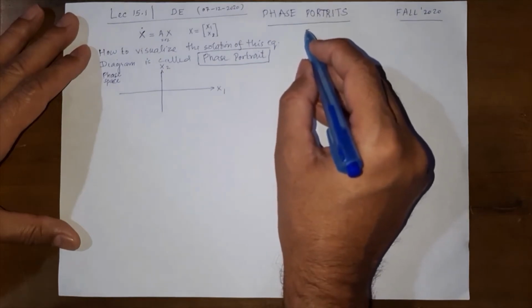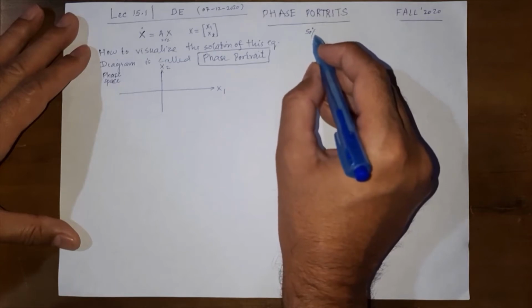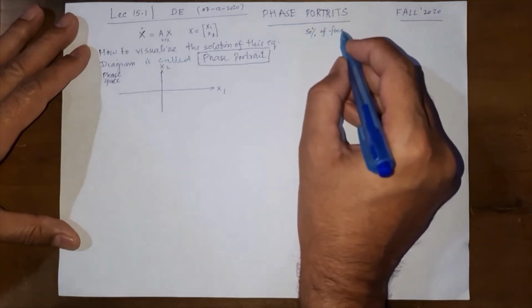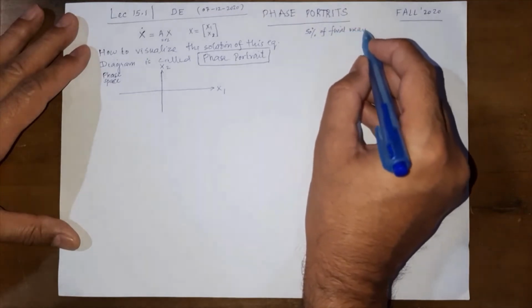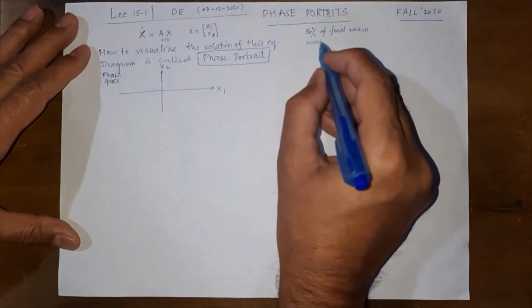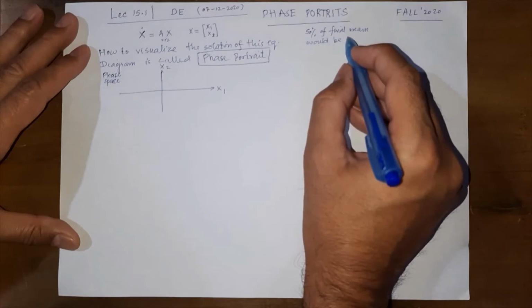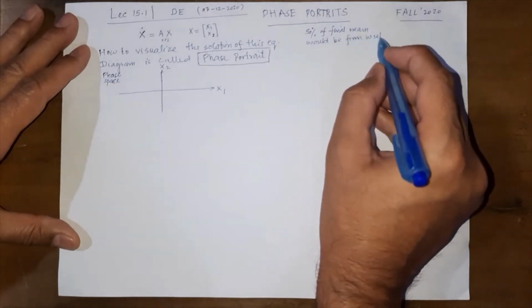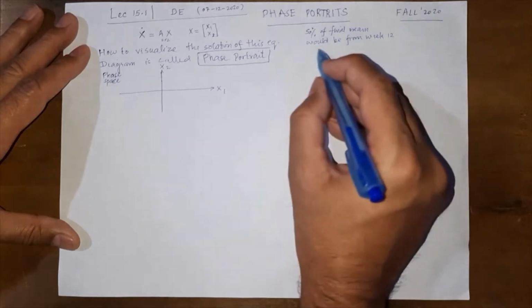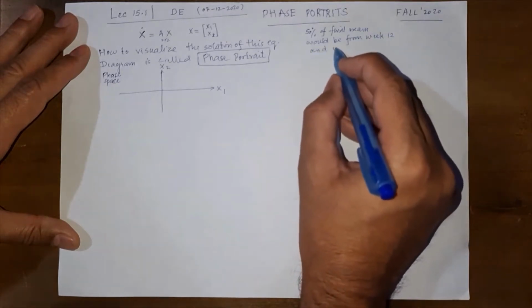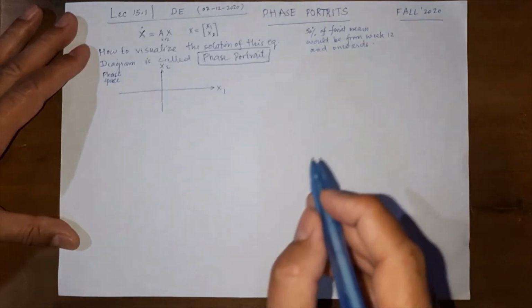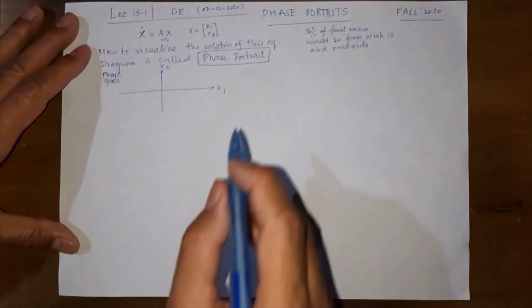So for example, 50% of the final exam would be from week 12 and onwards. So basically, pay close attention.